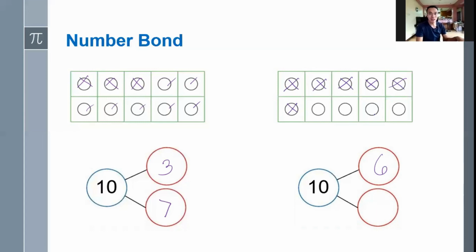How many circles are not crossed out? 1, 2, 3, and 4. 4 circles are not crossed out. 6 and 4 make 10. Okay?